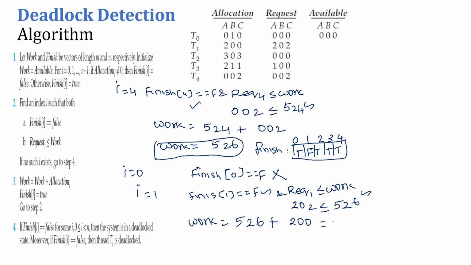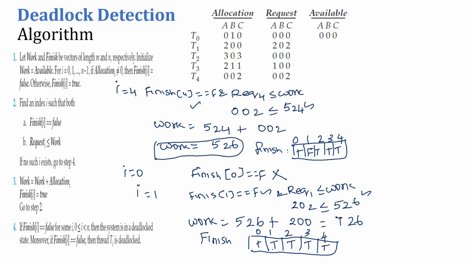So the updated work value is 726. Similarly we need to update the finish: 0 is already true, now 1 becomes true, and 2 is true, 3 is true and 4 is true.